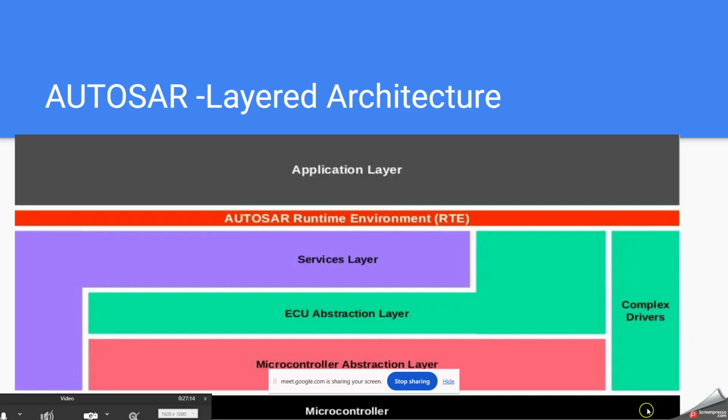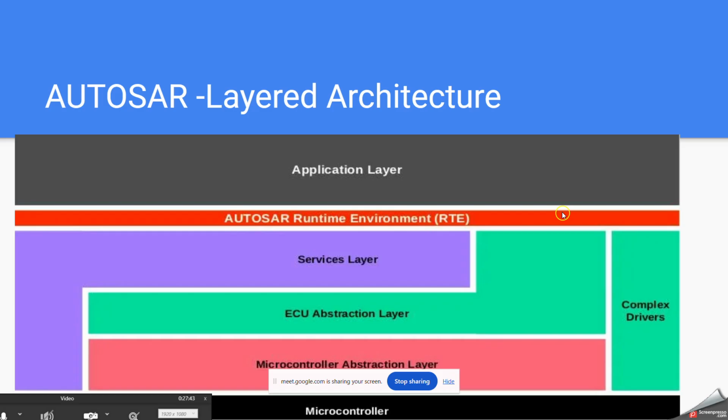At that time you directly connect with the microcontroller using the complex driver design. So that option is also provided, and with that your code will become modular, and everything will be done as per your need. It's not that whatever Autosar is providing, you have to do that way only. You can use your own things, you can improvise, and you are good to go ahead with your own ideas also.